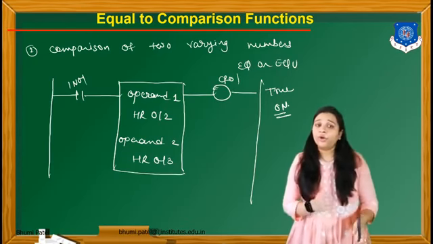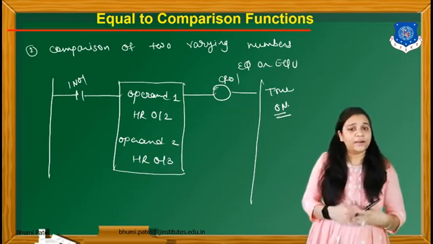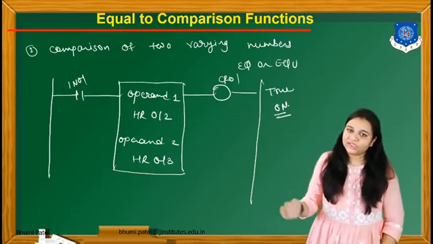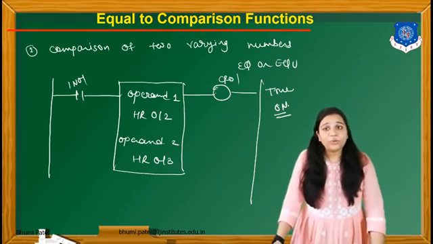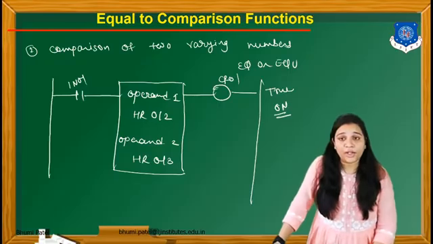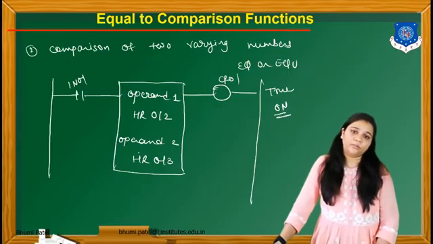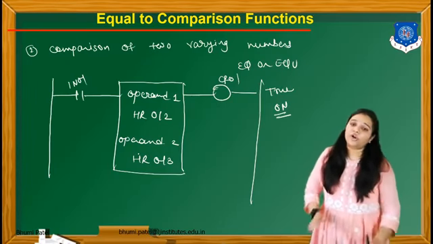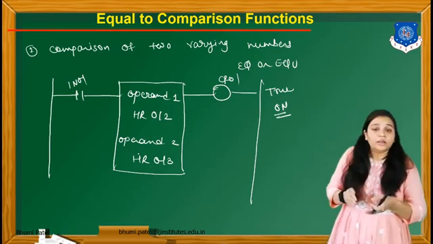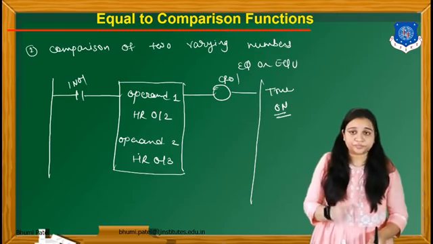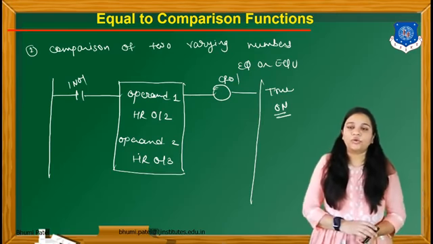So if we don't know the two operand numbers, at that time we have to write this type of program. If we know one value, then we write the fixed value for operand 1 or operand 2. That is your choice, whether to use a varying or a fixed value for this particular operand.